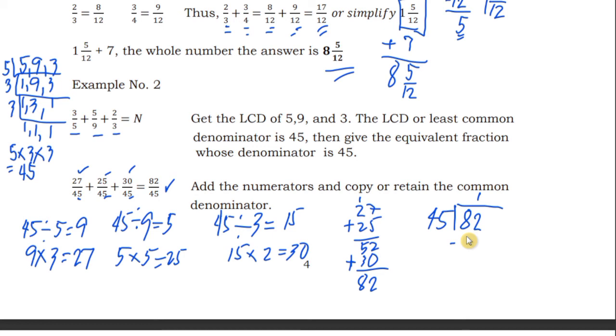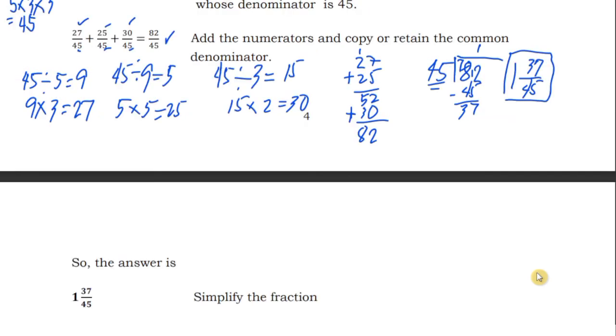Then 82 minus 45. 2 minus 5 cannot be done, so we borrow. This becomes 7 and this one becomes 12. 12 minus 5 is 7. 7 minus 4 is 3. So the quotient, which is 1, is the whole number, the remainder, which is 37, is our numerator, and the denominator that we have is our divisor. So the result of this is 1 and 37 over 45.